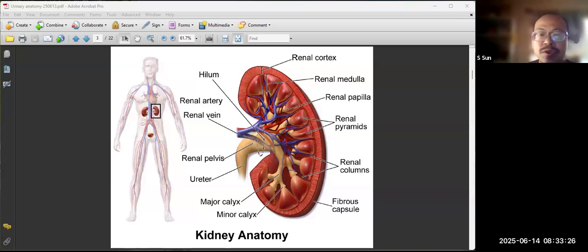We basically have two types of fluid. It's either blood or urine. So we have tubes just for urine. We also have tubes just for blood. The tube carrying blood into the kidney is called the renal artery.